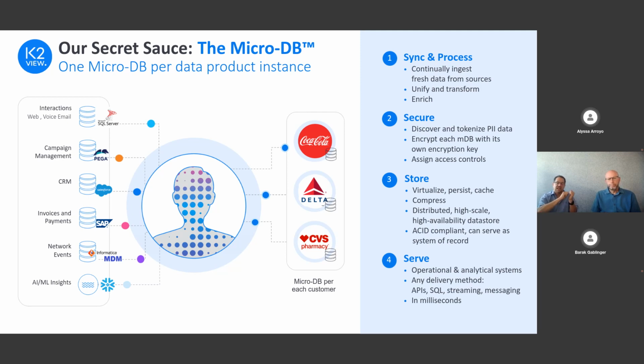Not to mention that, if it's different platforms and different technologies, it's almost impossible to do it on this scale. So we have an instance for each and every customer, which is the MicroDB. And this data, once it's being unified and continuously updated, can be delivered to any data consumer, whether local in the domain or globally, as you will show in the headquarters, right?